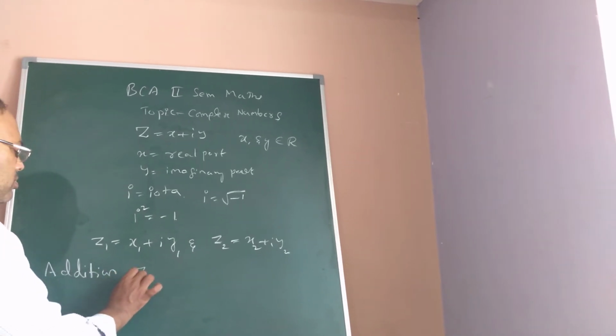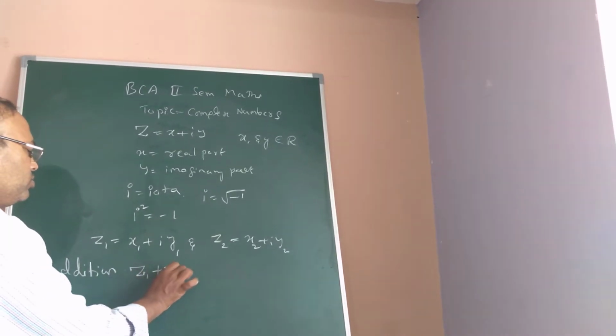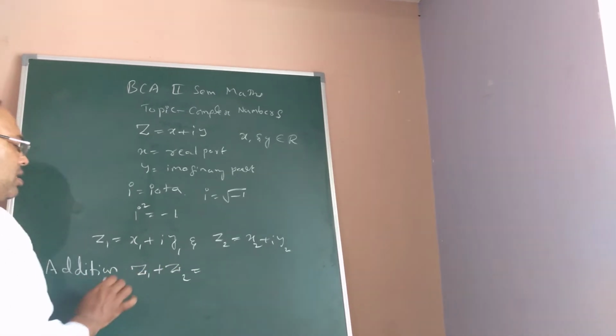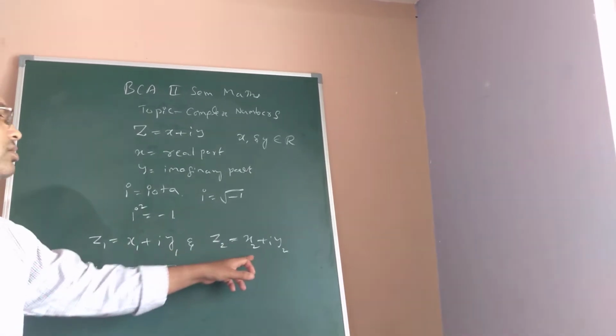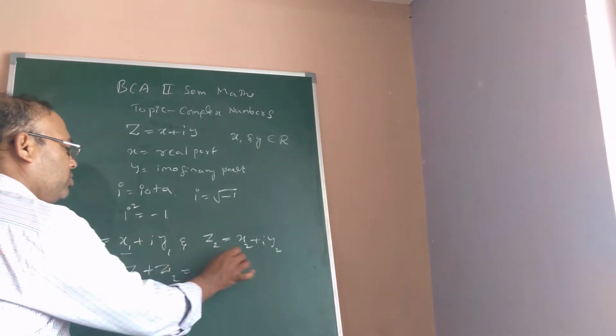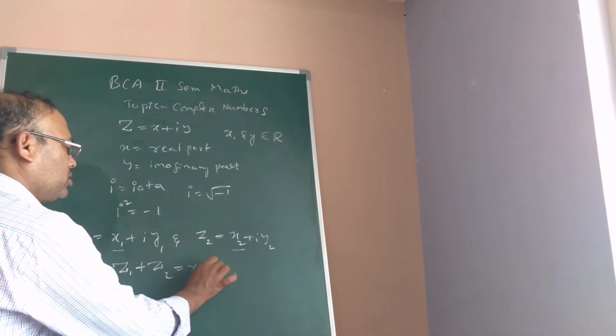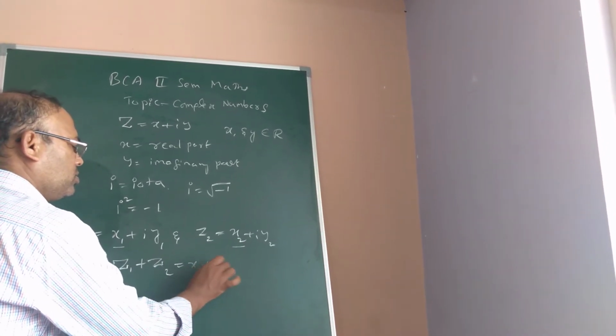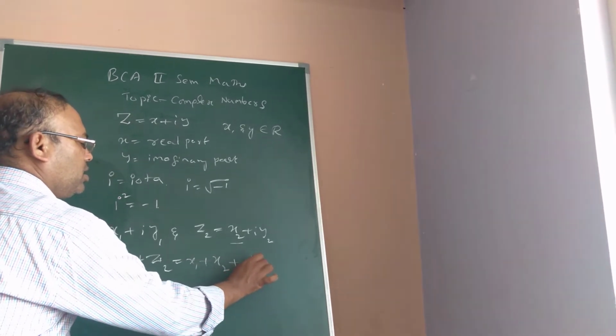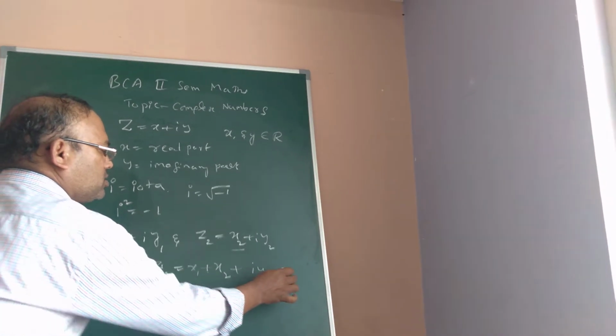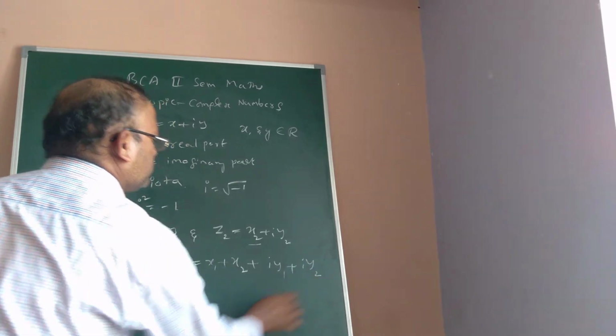We can add them. That is addition. z1 plus z2 is equal to adding real part to real part, that is x1 plus x2, plus iy1 plus iy2.